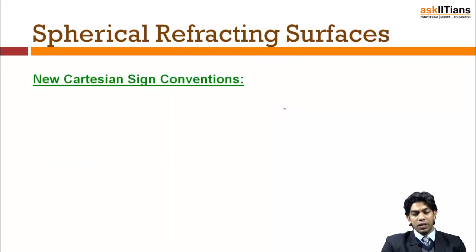Now, the sign convention which we usually follow in this particular phenomenon of light is the same as what we have been following for the reflection of light. That is, the direction of propagation of light is considered positive. Distance is measured from the pole of the refracting surface in this case, not the reflecting surface. Positive quantities are those above the principal axis, and those having a negative value are those below the principal axis.